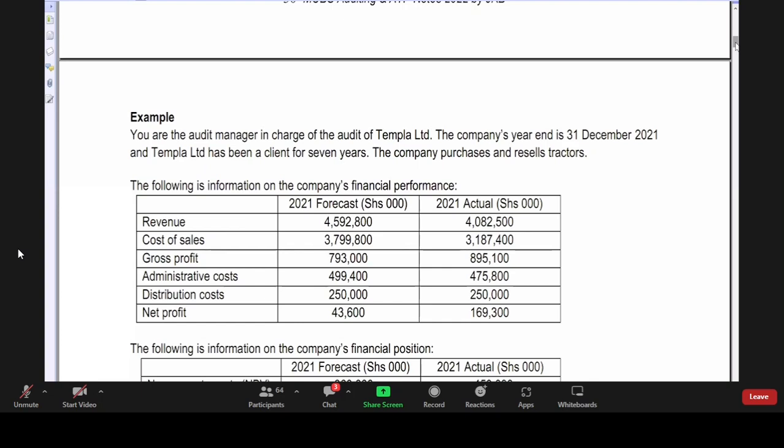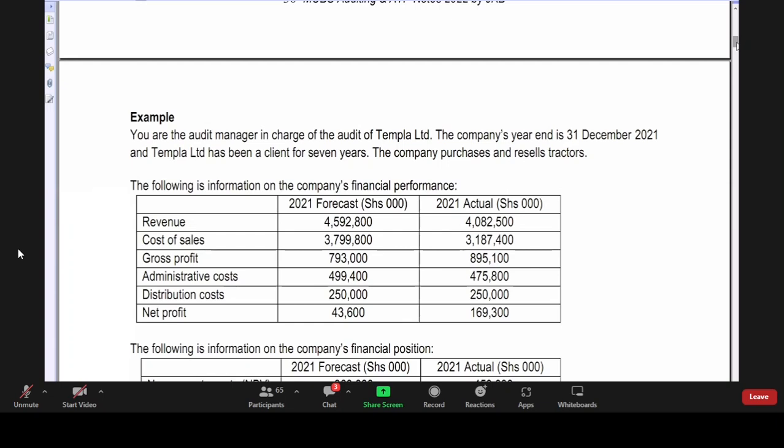the realizable value of these tractors, because according to IAS 2, you will have to be very keen to ascertain whether the company is valuing its inventory at the lower of cost or net realizable value. Such things are very crucial for you to appreciate as an auditor, because they give you more information, like what is the scope of the audit.